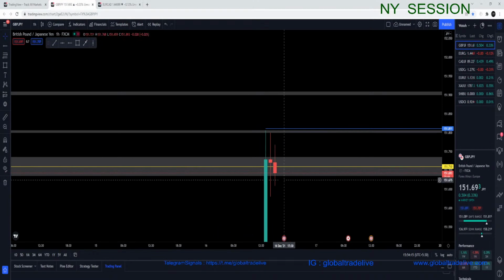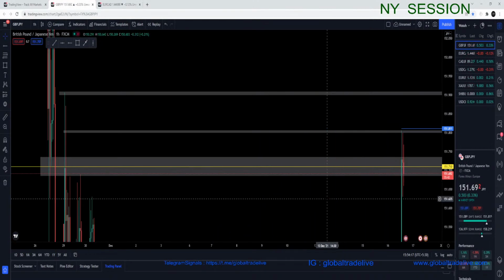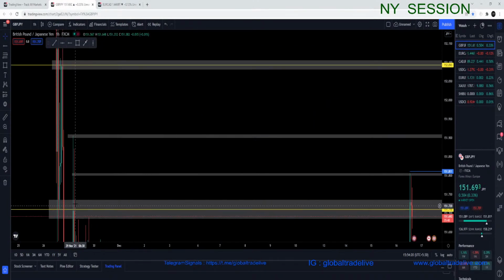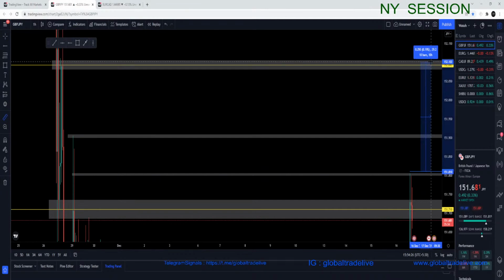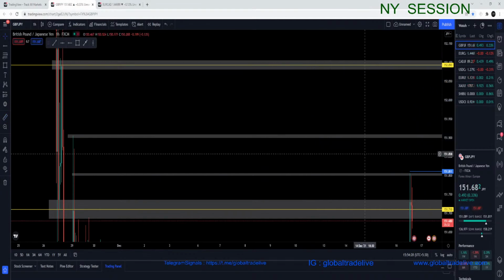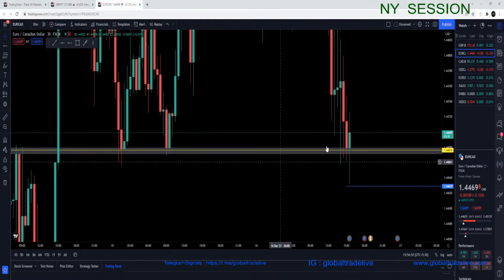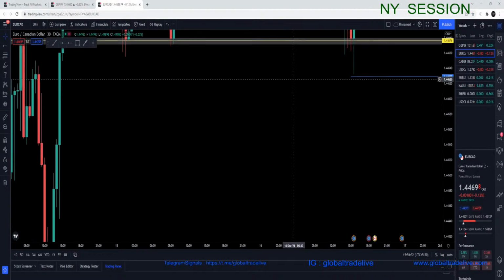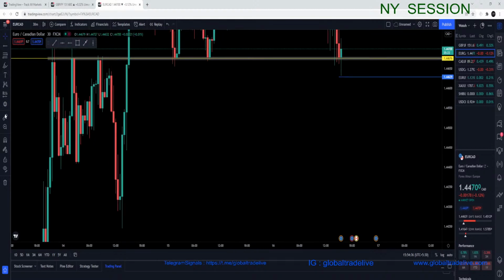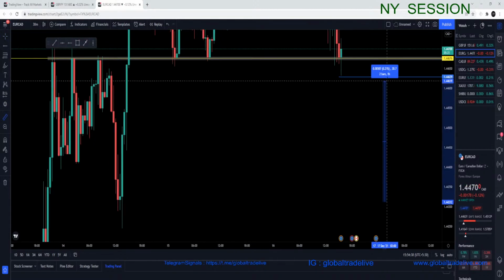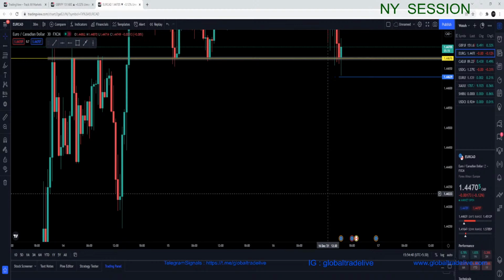Also, if we talk about GBP JPY, we have extremely good range all the way to the upside, and this range is about, from my execution point, about 29 pips. And over here in EuroCAD, if I look at the whole range over here, this range is also about 30 pips.